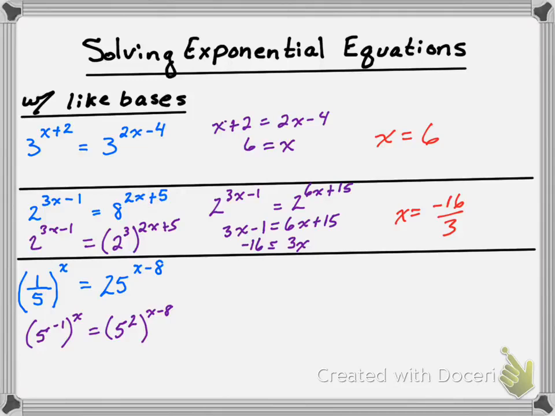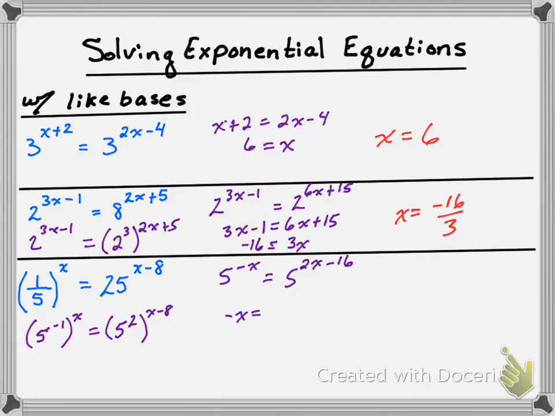Multiplying the exponents on the left will give you 5 raised to the negative x. On the right, that'll give us 5 raised to the 2x minus 16. We now have the same base value, which means this exponent has to equal this exponent.